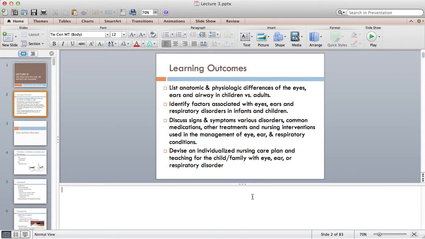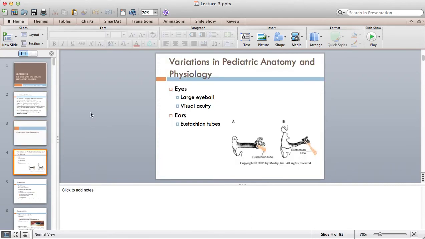So, starting with the eyes and ears, you will notice that in newborns, infants, their eyeball is very large, and that can put them at risk for injury.